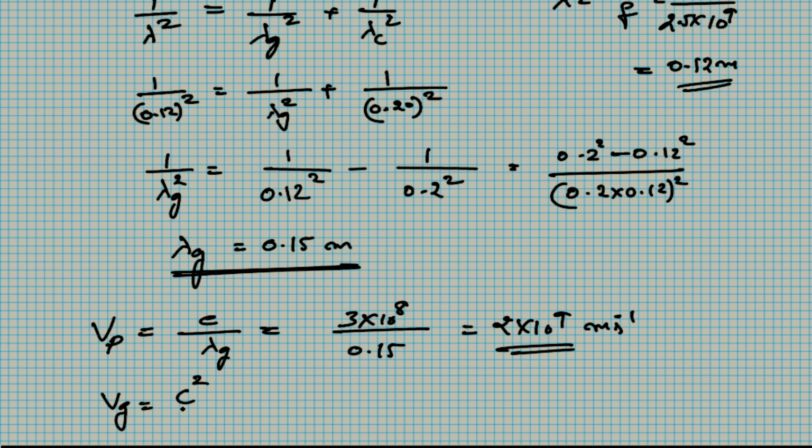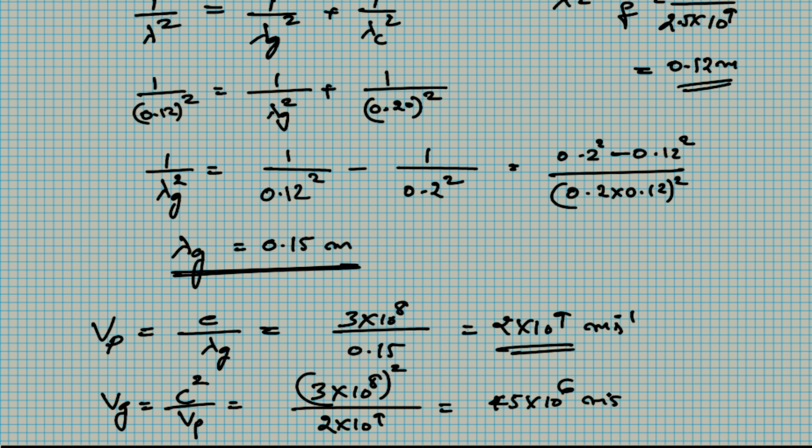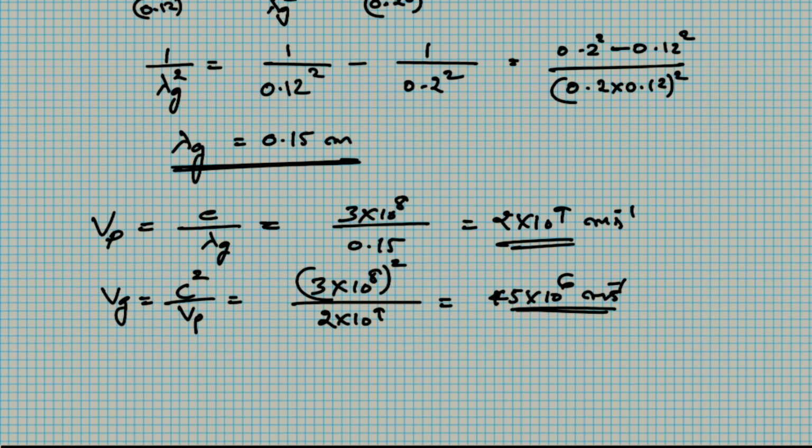So this would be c square by Vp: 3 into 10 to the 8 squared divided by 2 into 10 to the 9, in meters per second. Okay, next question. So this is straightforward, right? Do you have any doubt?